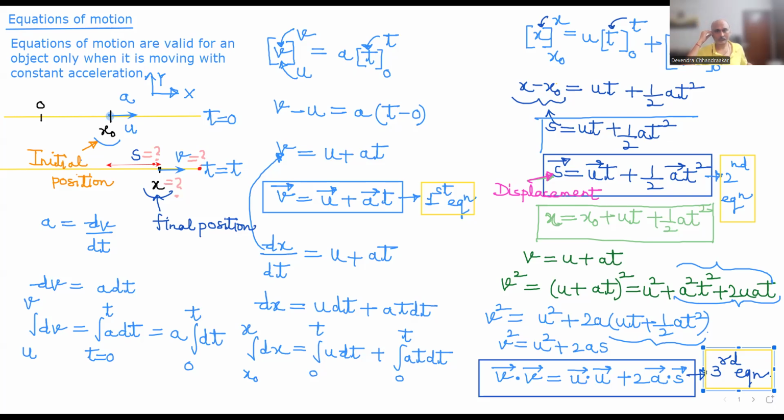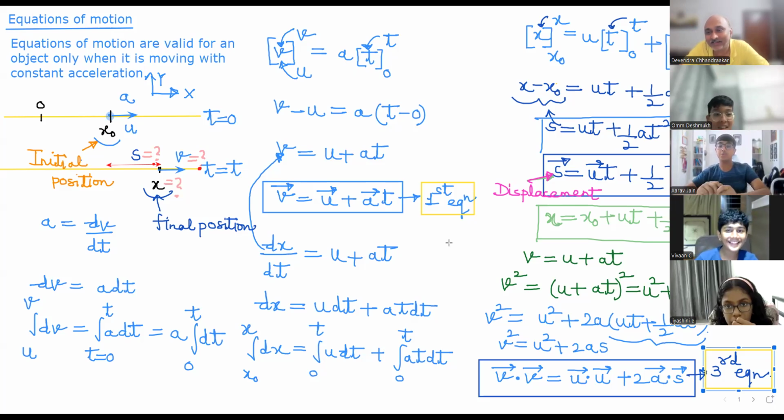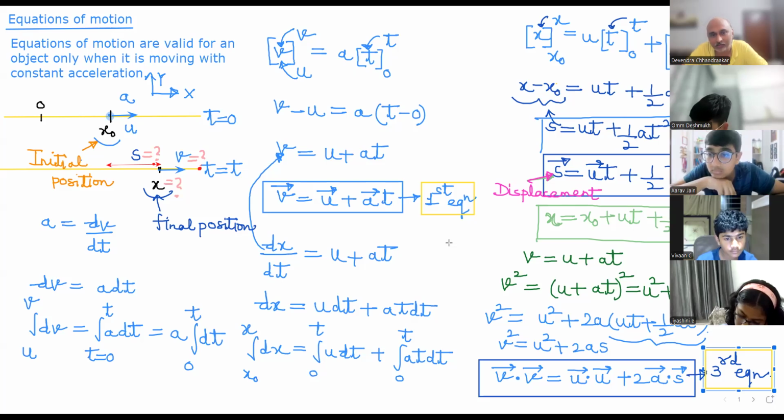So I have one question. How do we know which equation we are supposed to use? अभी तो शुरुआत हुई है बेटा, you will learn about it. अब देखो, for example, अगर तुम्हें इनिशियल वेलोसिटी दी है, एक्सीलरेशन दिया है, 2 सेकंड के बाद बताओ क्या वेलोसिटी होगी, तो कौन सा इक्वेशन यूज करोगे?